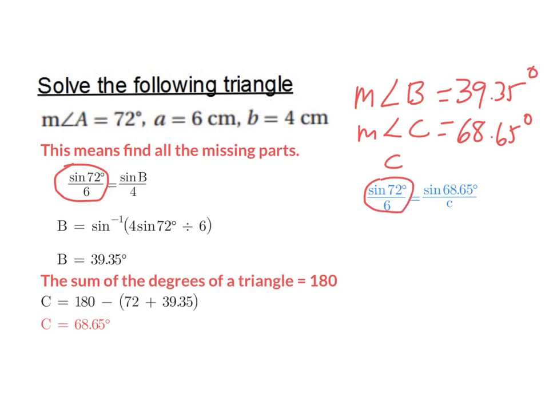Now, here's the thing. Notice that I used the original information again. Could you have put sine of 39.35 over 4 instead of this right here? You could have done that. But that makes the assumption that you've done everything right up to that point. And if for some reason you made a mistake and you carry that wrong answer through to find the next part of the answer, you will have made a mistake there again.